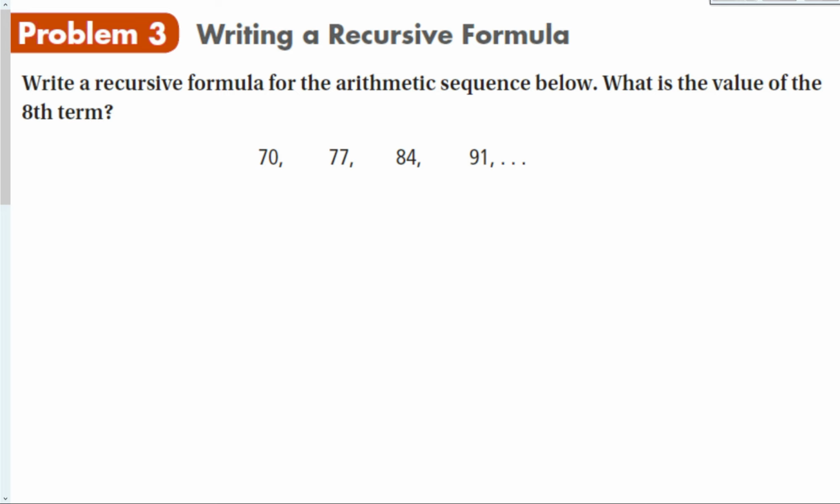What is the value of the 8th term? So I have 4 terms, so that's not so bad. I can see that my common difference is 7 for all of them. So a of 1 would be equal to 70.